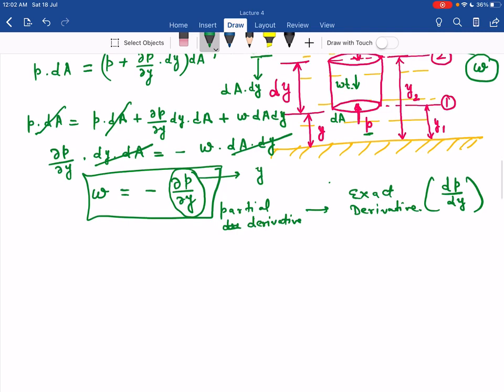So if p is varying only along the y direction, we can write W is equal to minus dp by dy, or dp is equal to minus W dy.